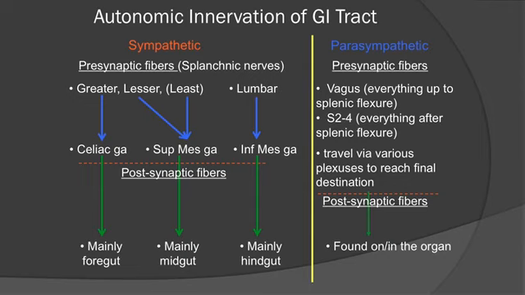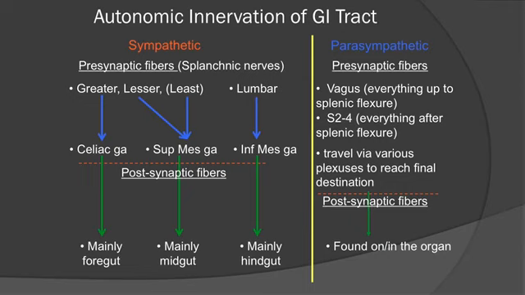So sympathetic, there's 2 sources. The first are those greater, lesser, and least splanchnic nerves, which we talked about in thorax because that's where they arise. The presynaptic fibers are coming off that sympathetic chain ganglion in the thorax. They're descending into the abdomen, and the fibers are either going to go to a celiac ganglion or the superior mesenteric ganglion.